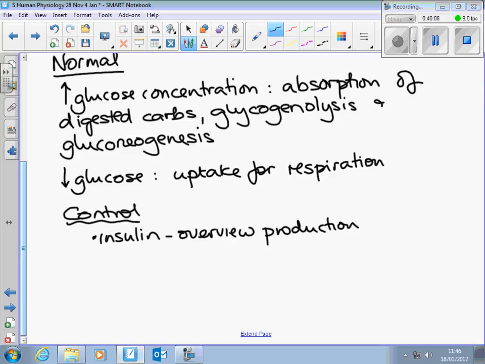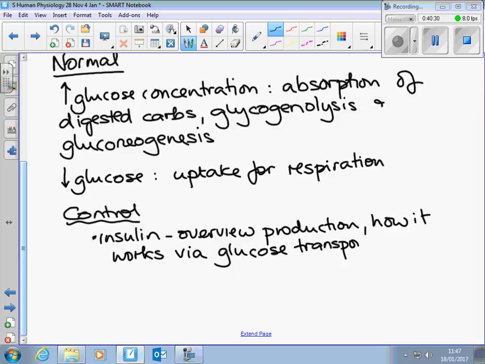Well, how it works: it binds itself to insulin receptors that are responsible for opening glucose transporters. And these glucose transporters, there's a whole lot of them, but the one that you definitely need to mention is called GLUT4.